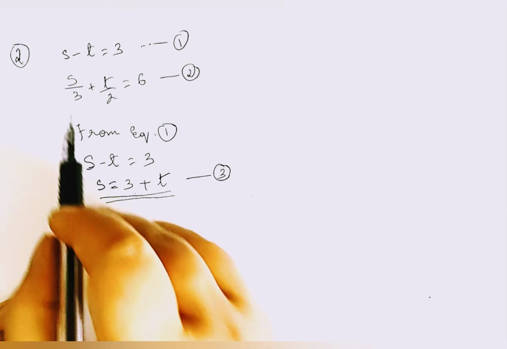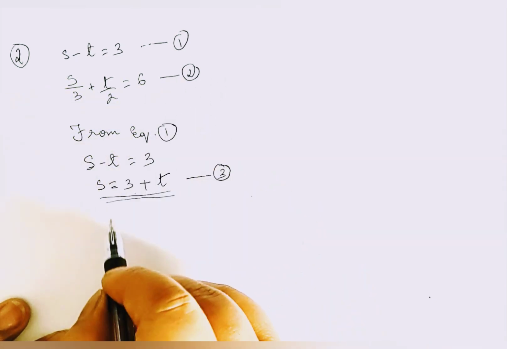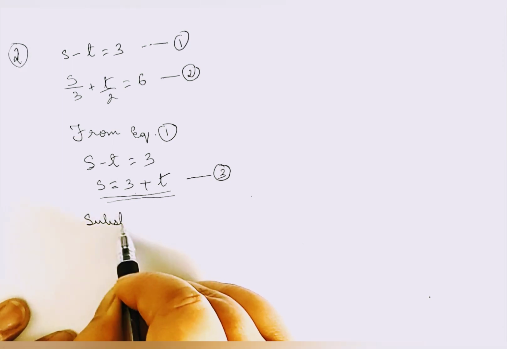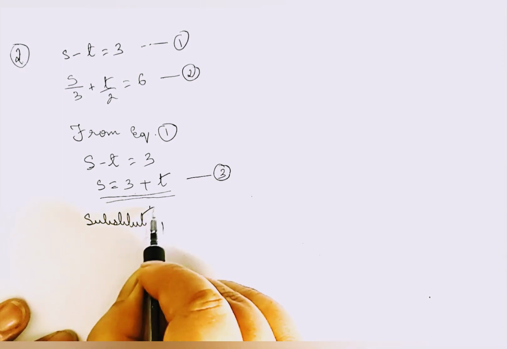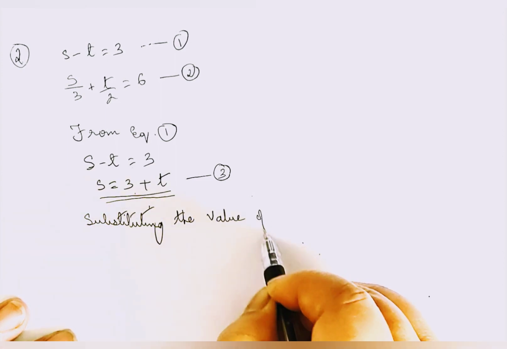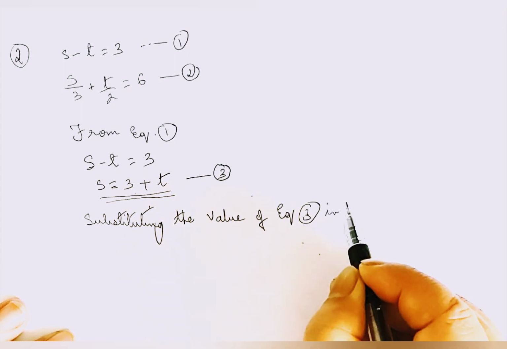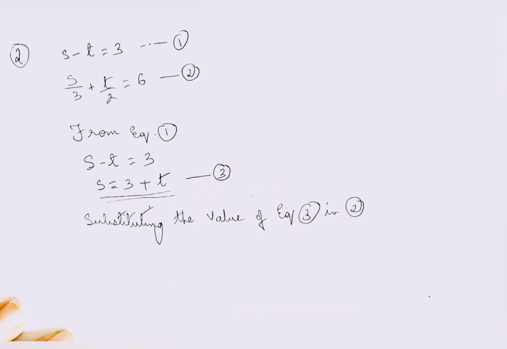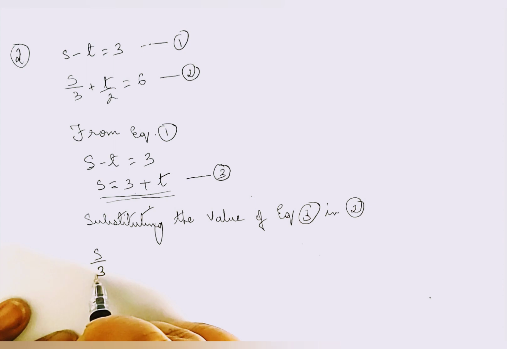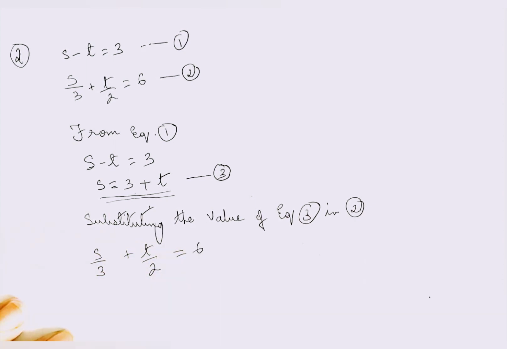Now, in equation 2, what we are getting is, now substituting the value of equation 3 in 2. Okay. Now the 2 is s by 3 plus t by 2 is equal to 6, right?